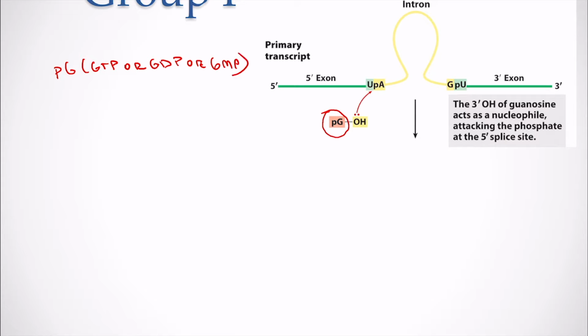It does not matter. And so that OH group is going to be the nucleophile, and it's going to be specific for the 5' end. And so that 3' hydroxyl group of guanosine is going to form a phosphodiester bond with the 5' phosphate at the 5' end of the intron.